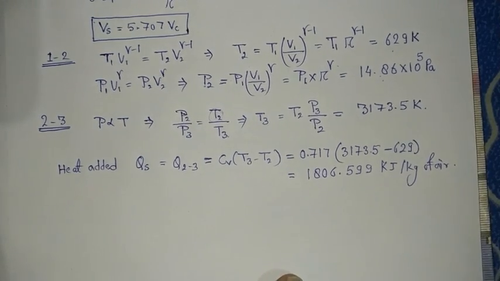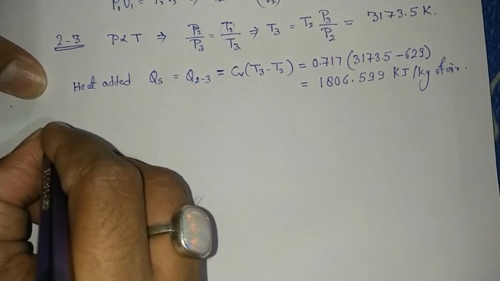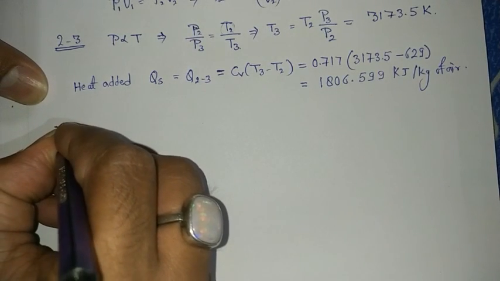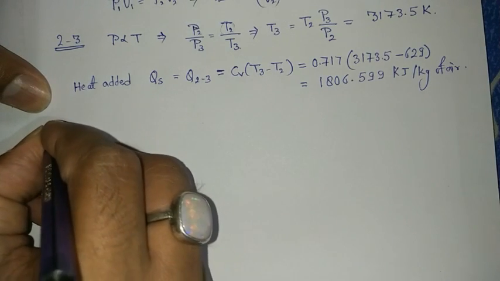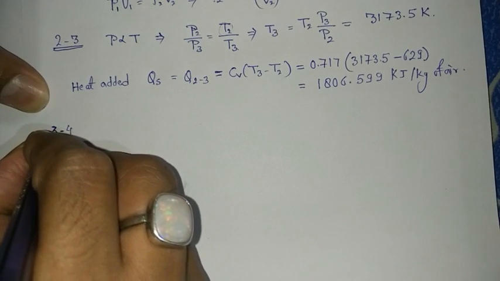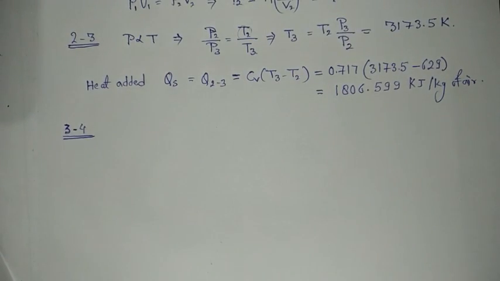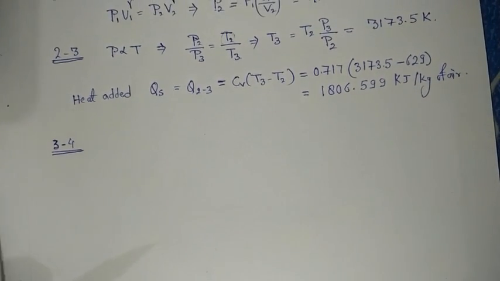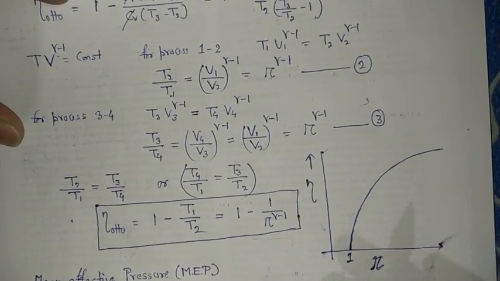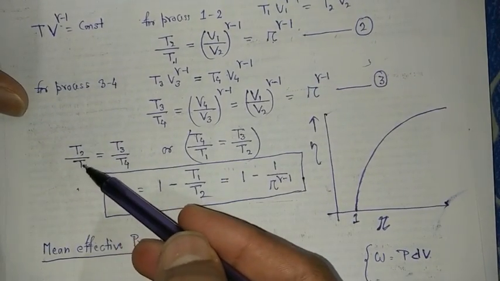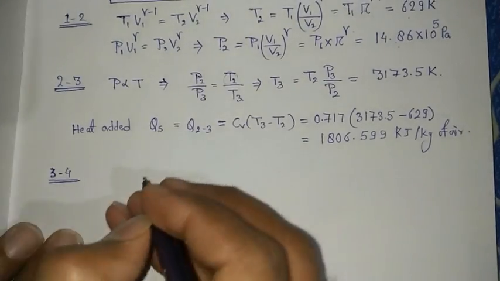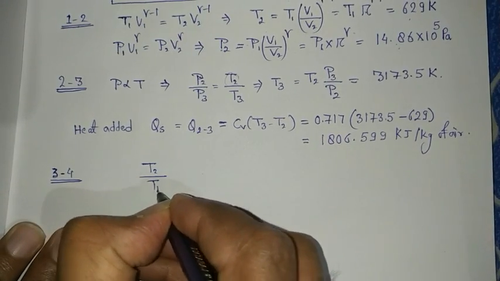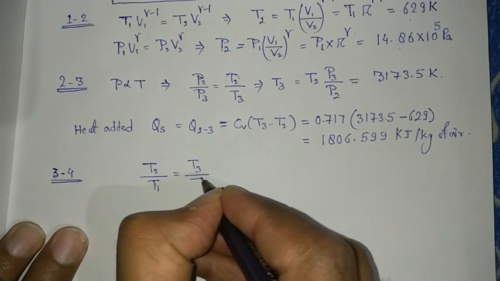Okay. Then again, for process 3 to 4, it's reversible isentropic expansion, and we know from our previous calculation that T2 by T1 is equal to T3 by T4.